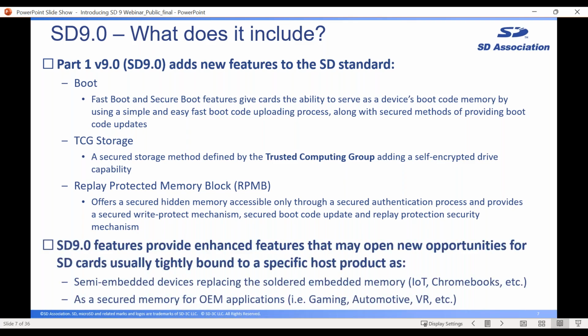Bottom line, those new features introduced by SD 9.0 open new opportunities for SD cards in cases where cards are more tightly bound to a specific host.